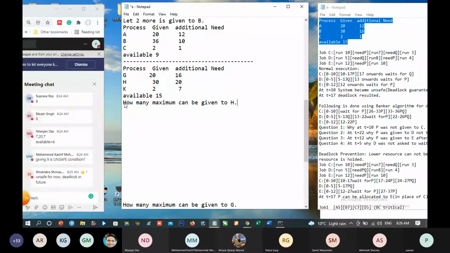Answer this question. And now Nilanjan will realize the mistake in its formula. Nilanjan, there was a mistake in 6 which you wrote. Even 7 could have also been given.